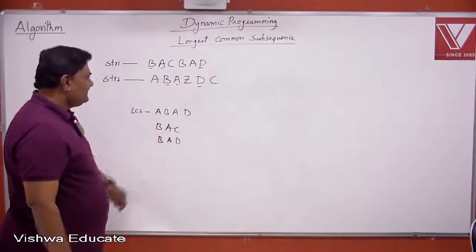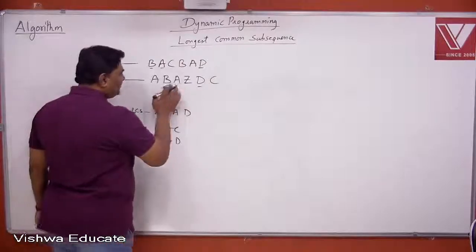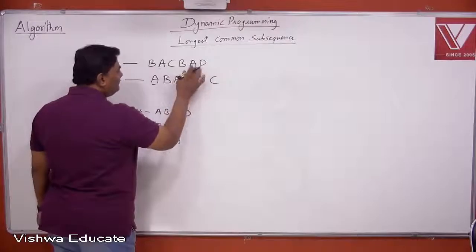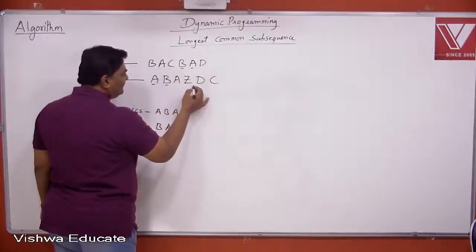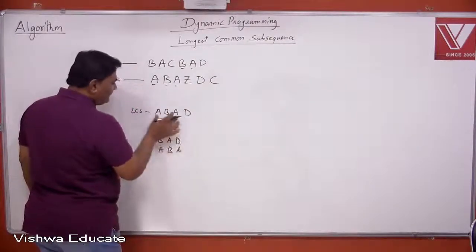So these are some of the sequences I have found, right? Next, one more. Just I will take A, B, and A. So A, B, and A is a part of this.